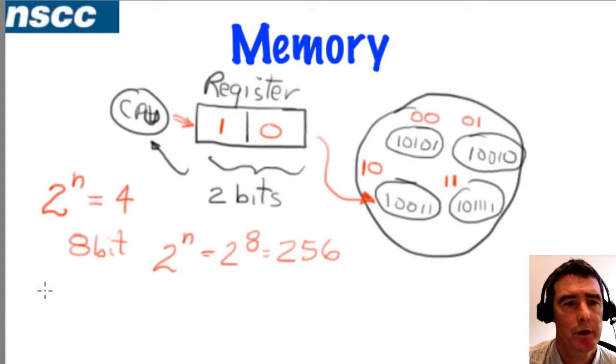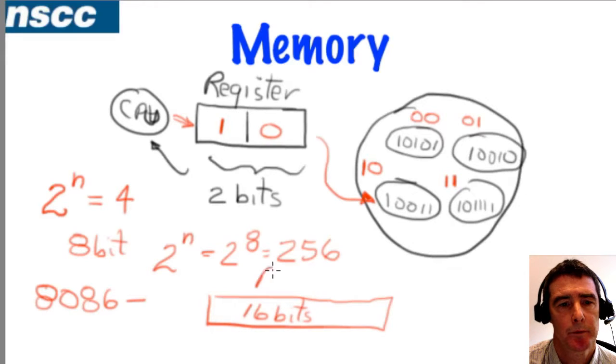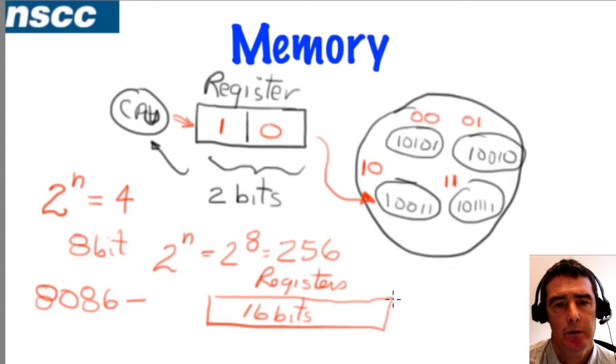One of the first Intel CPUs was an 8086, and it was called a 16-bit CPU because internally its registers were 16 bits long. However, the 8086 added another 4 bits onto that.